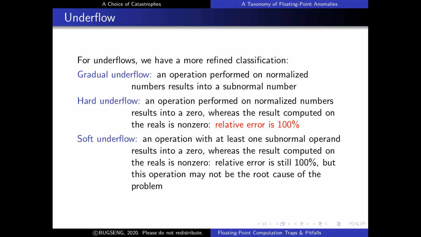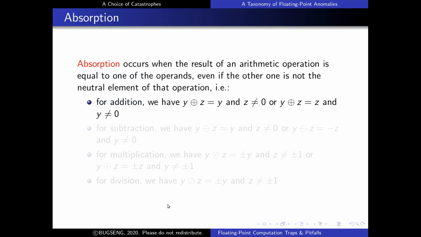The relative error is still 100%, but this operation may not be the root cause of the problem. The problem might be that the subnormal should have never been generated. So you should first look at hard underflow and gradual underflow, and only later take care of soft underflows.